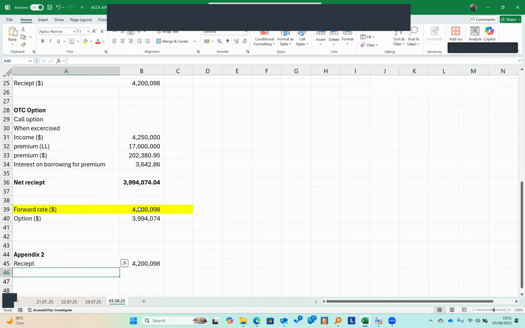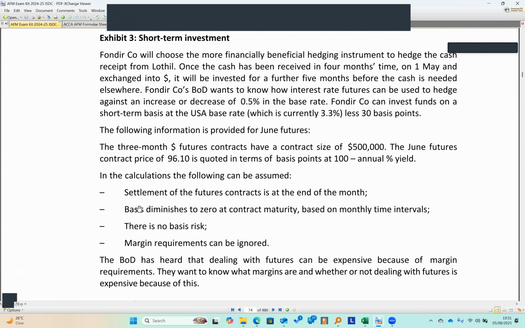Now, if we need to hedge that, they are telling us that they want to see if we can use interest rate futures to hedge. Now for the futures, we can buy now and sell later, or sell now and buy later.